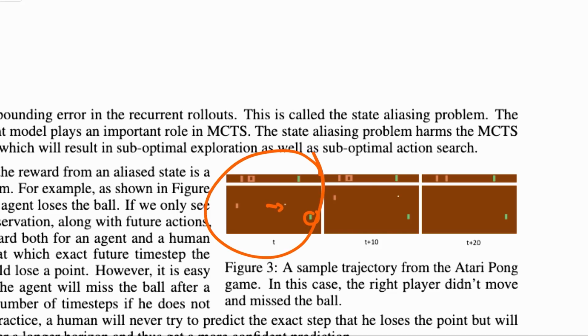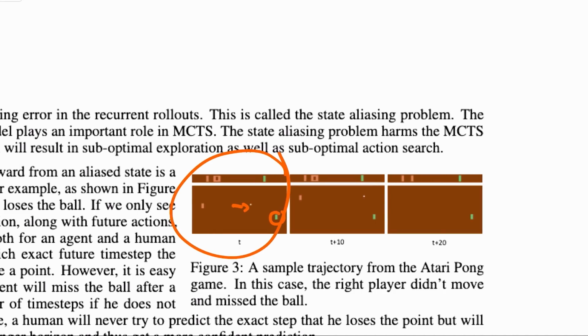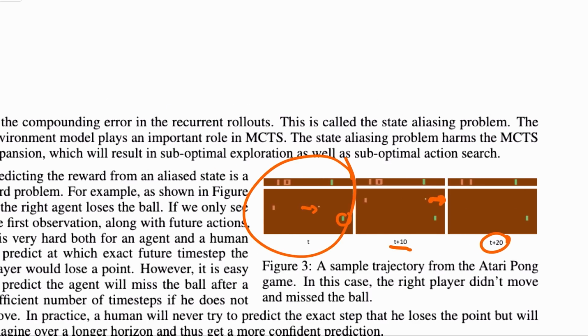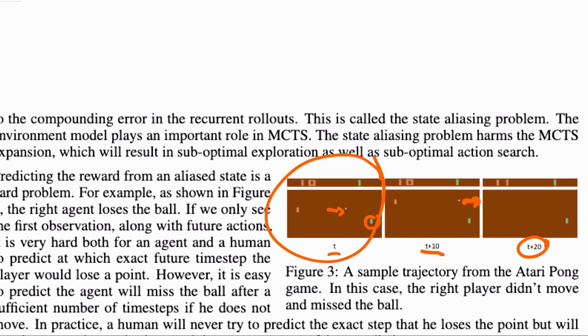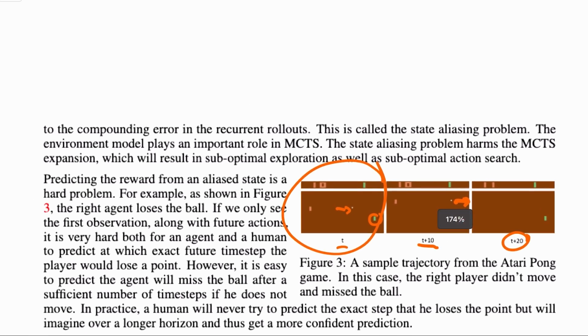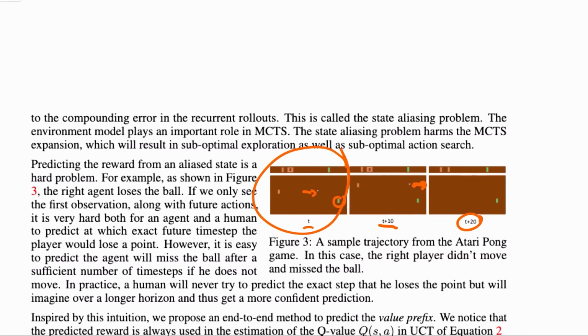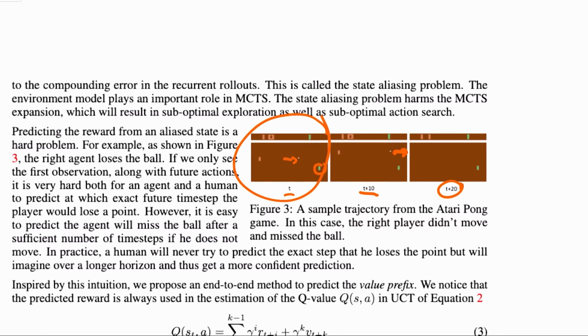And that makes a huge difference. Now, you as a human at this point, you know that the green player is not going to catch that ball. And at this time, you're kind of sure. But it's quite hard to predict at this time right here. And it's even harder to predict at which step in time that player is going to miss the ball.